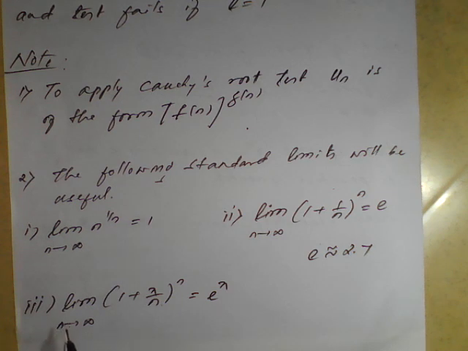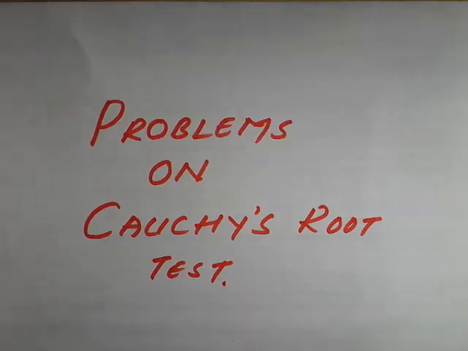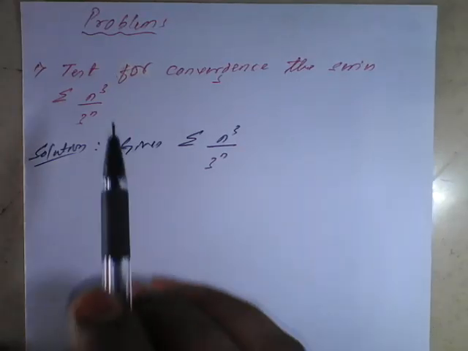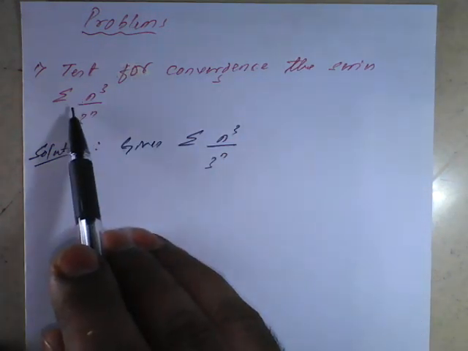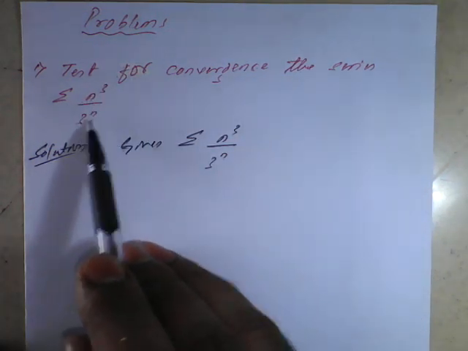Now we'll see an example of how to solve using Cauchy's root test. Problem number 1: test for convergence of the series summation n cube upon 3 raised to n.